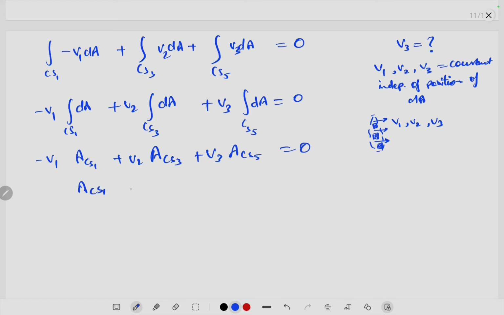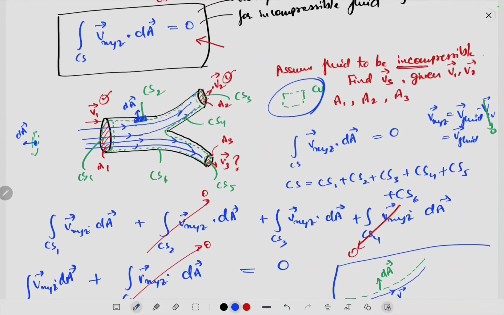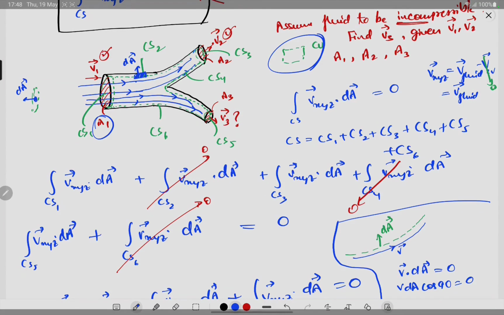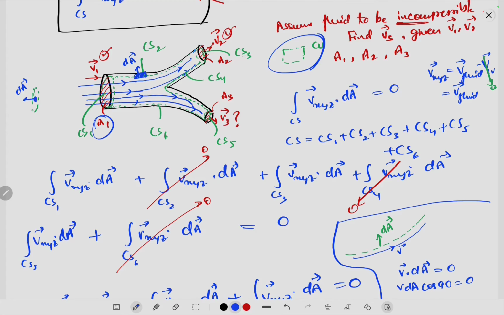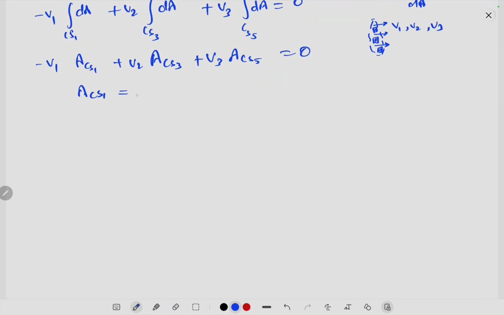Now the area of CS1 is the area of this cross section, which is A1, the area of CS3 is the given area A2, and the area of CS5 is A3.